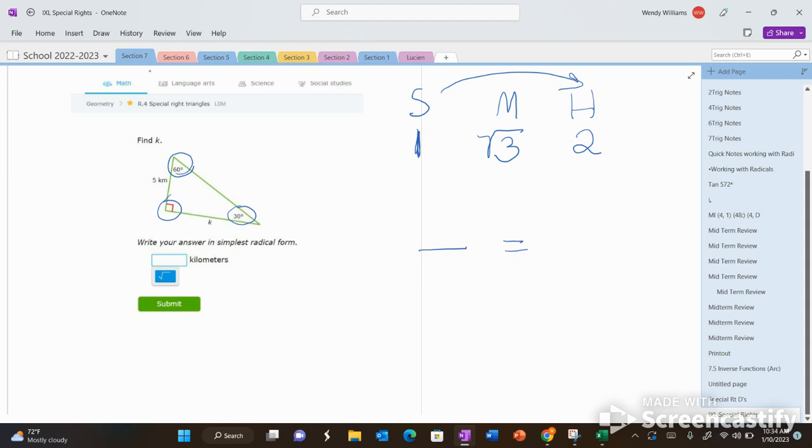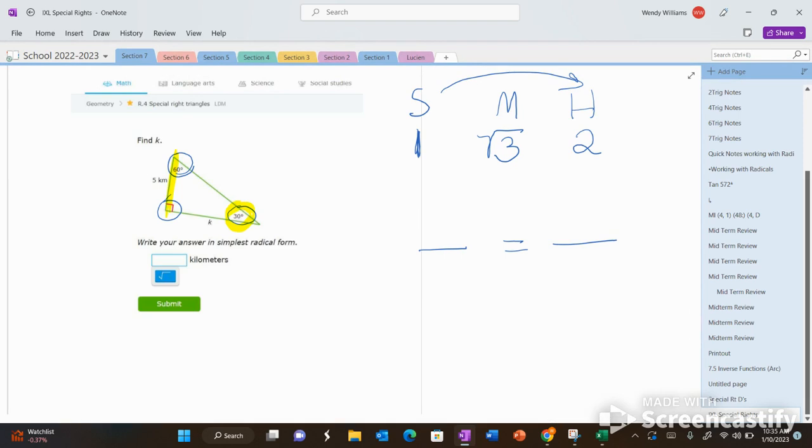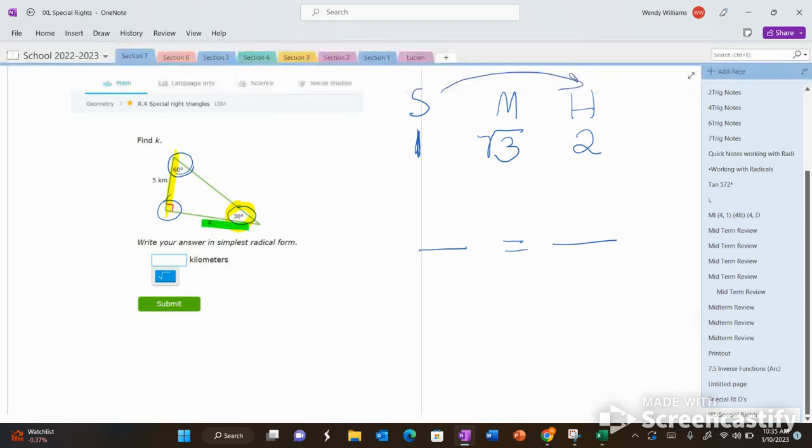Set up your proportions. Okay? What are they giving me? They're giving me the small. What do they want? They want the medium. Okay? So if they're giving me the small, we're going to compare that 1 to 5.